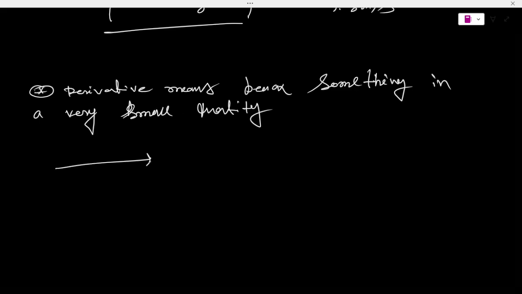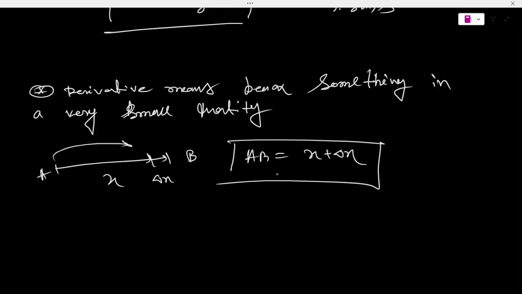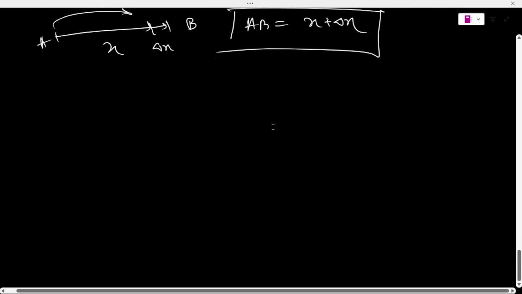Let's say this is the point x, this is totally x, and I increased del x. So from this place, let's say this is point A and this is point B, AB will be x plus del x. So this is the thing. Clear, I think.